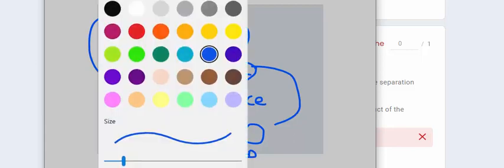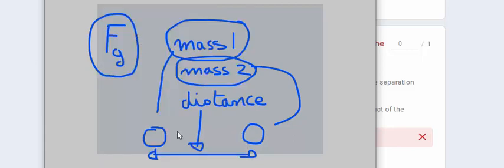Now, that gravitational force is inversely related actually to the distance squared. The larger the distance, the smaller the force. The smaller the distance, the larger the force.